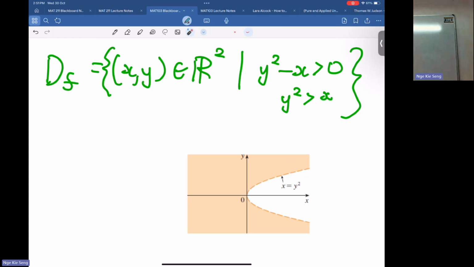Check if it makes sense. Okay, so what does it mean by x equals y squared? So x has to be positive, correct or not? So your graph should live on the positive side. Okay, first of all.